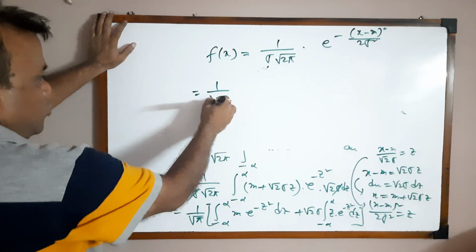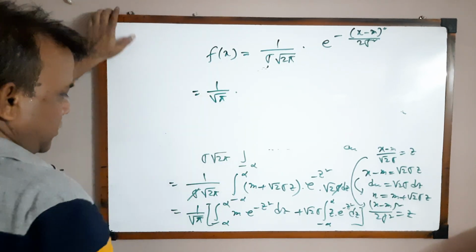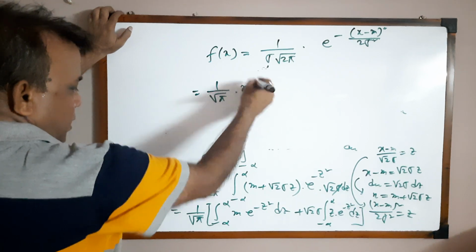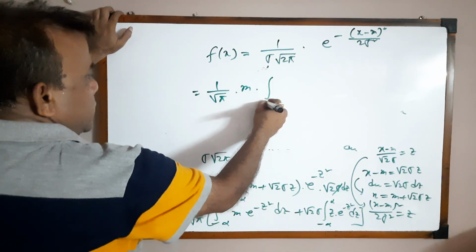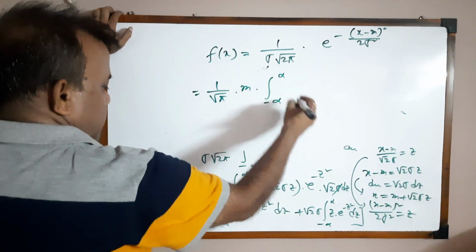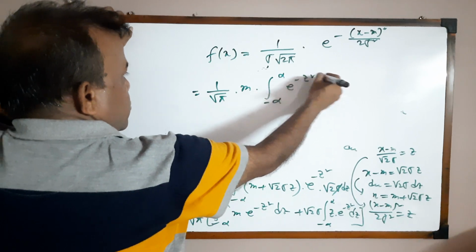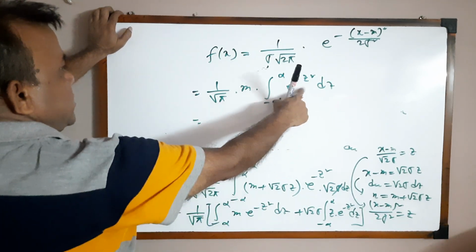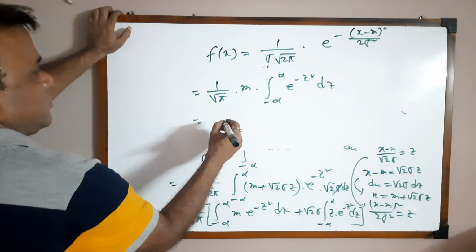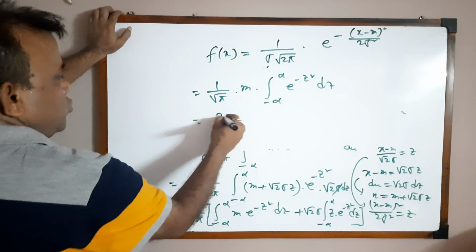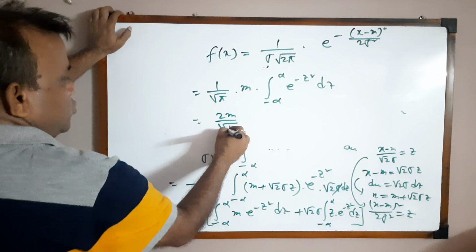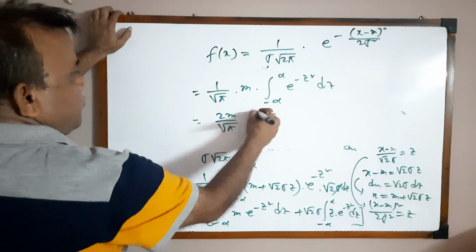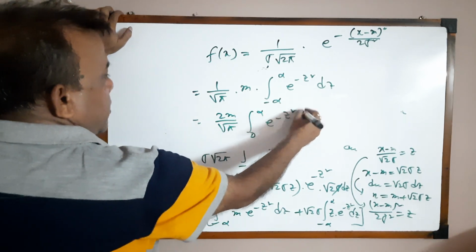Therefore 1 by root pi into m into integration minus infinity to plus infinity e to the power minus z square dz. As it is an even function, therefore 2 into m by root pi, 0 to infinity e to the power minus z square dz.